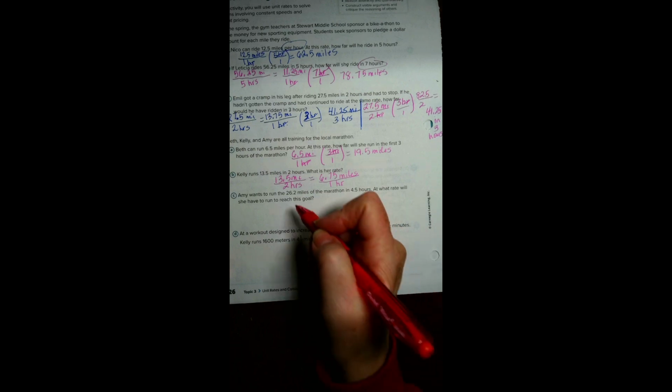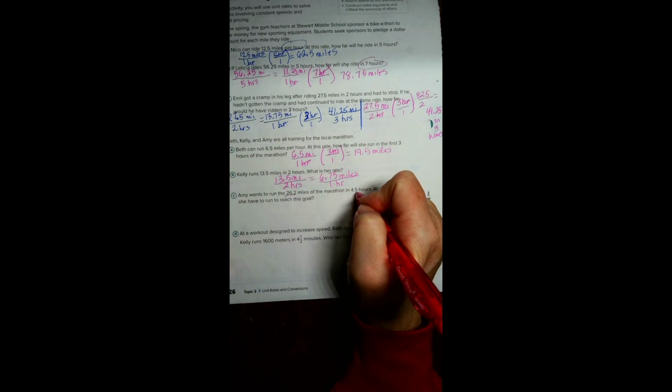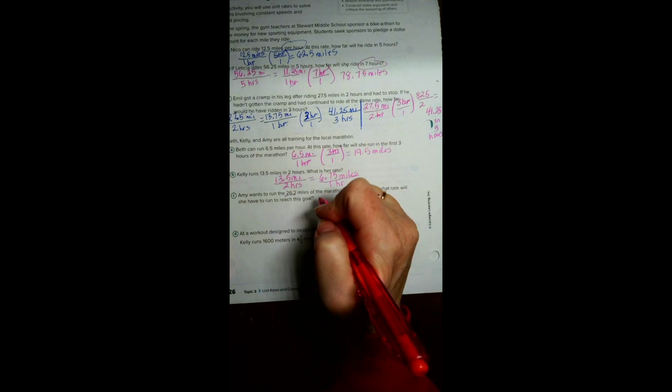Letter C, Amy wants to run the 26.2 miles of the marathon in 4.5 hours. At what rate will she have to run to reach this goal? She wants to cover all of it in this amount of time, so we need to find out what miles per hour she would need.